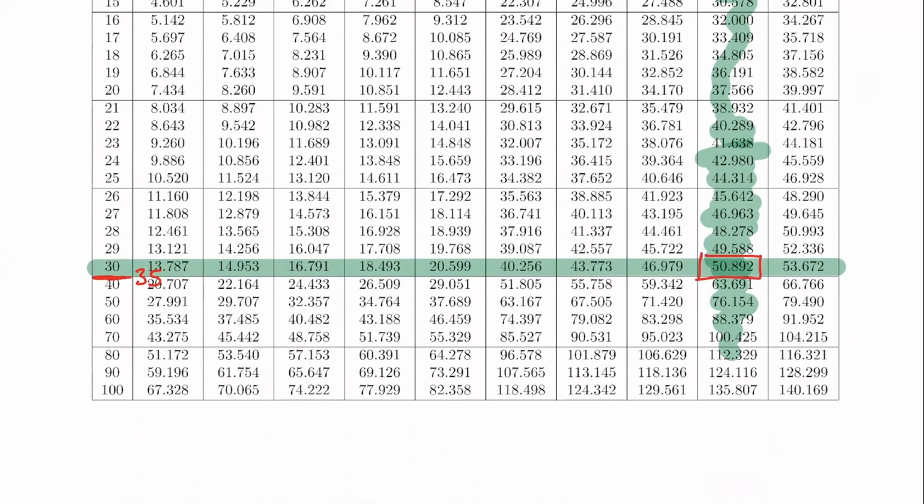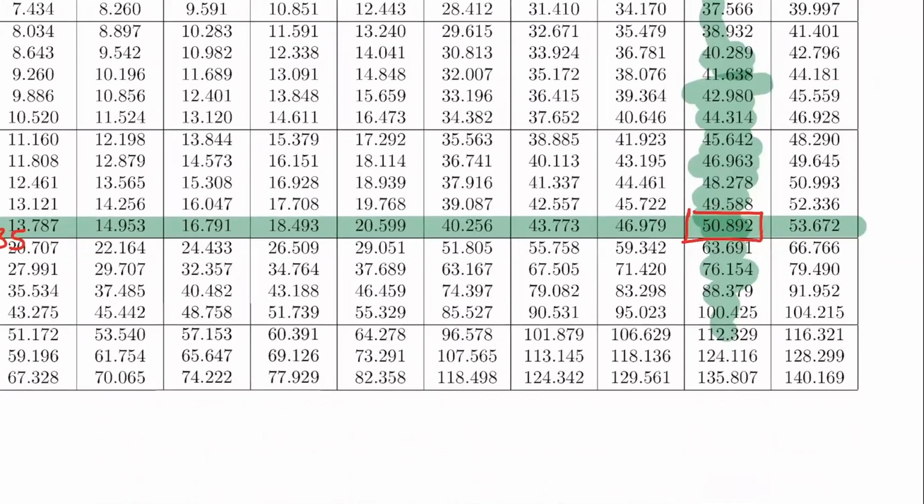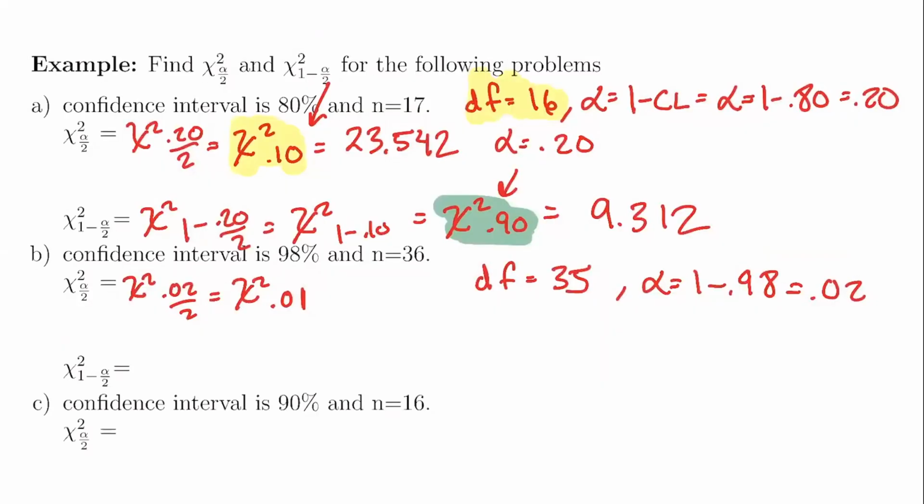All right, where do they intercept? They intercept at 50.892. So that's the value we're going to use. So we're going to use 50.892. That will be our chi-square of alpha divided by 2.